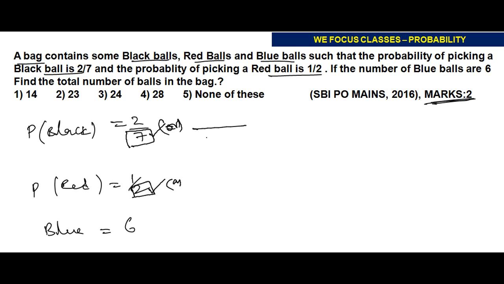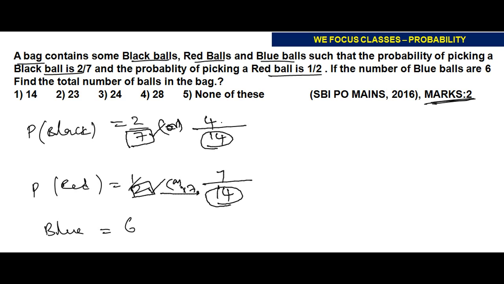I multiply this 7 with 2, I will get 14. So here also I will multiply with 2 so that I will get 4. In the same way, I need to make this denominator 14, because the total number of balls here and here should be the same, because we are picking only one ball. So it is 14. How did you get 14? You multiply it with 2. In the same way, you multiply the other with 7. Now you check the total number of balls. Total number of balls in these 2 cases is 14.